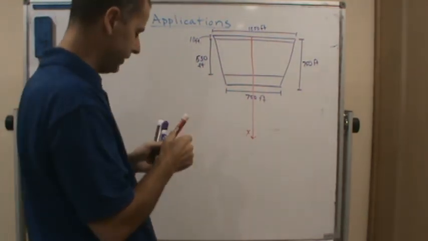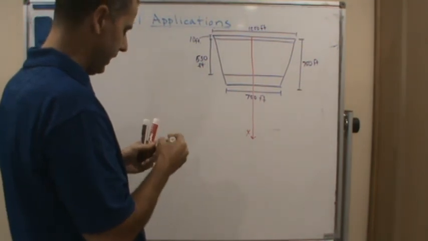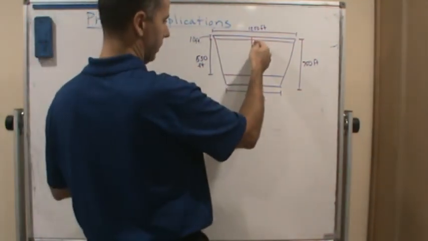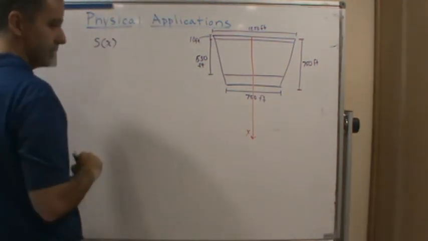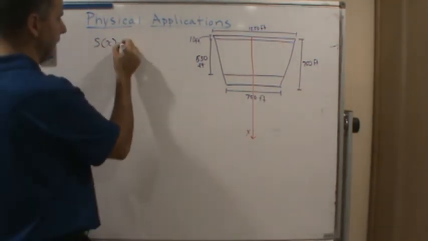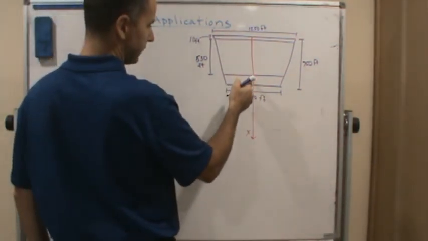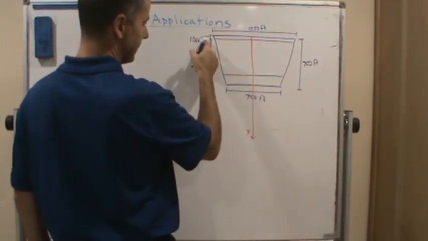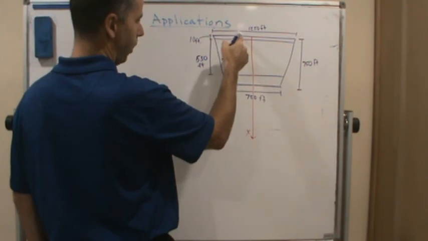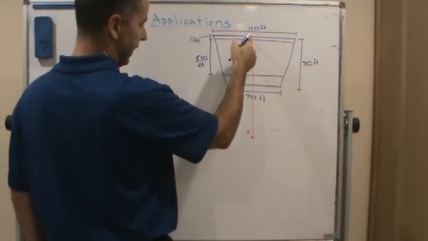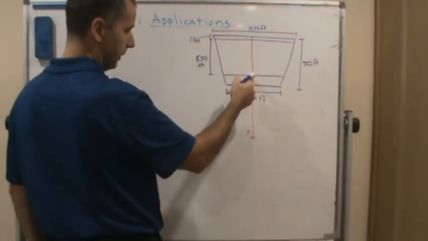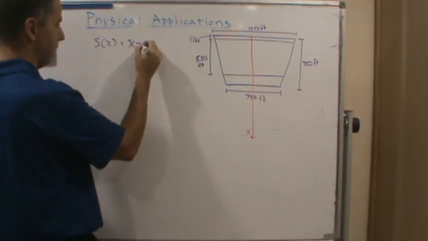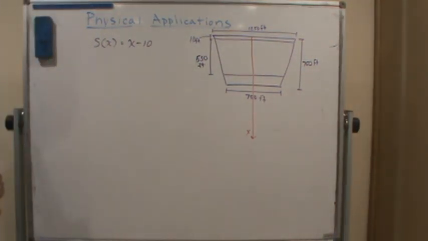That means that our depth, let's call our S of x function, is going to be the value of x minus 10, because we've got these 10 feet here that have no water. So in that case, the real depth is whatever's measured on this x-axis minus 10 feet. So it's going to be x minus 10. Okay, so that's going to be that function.